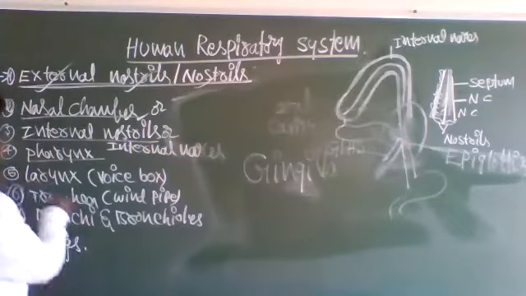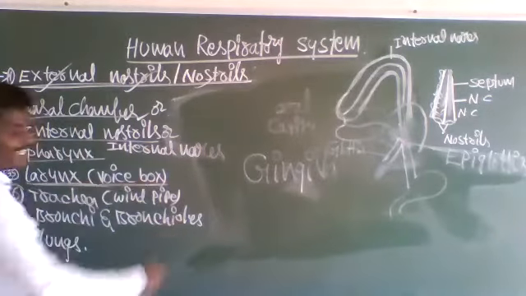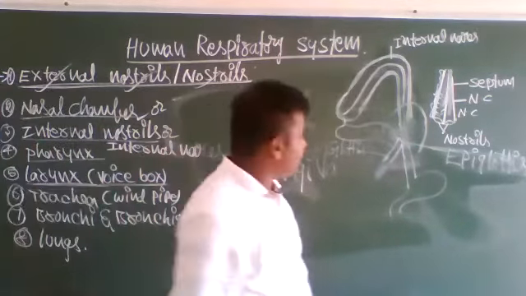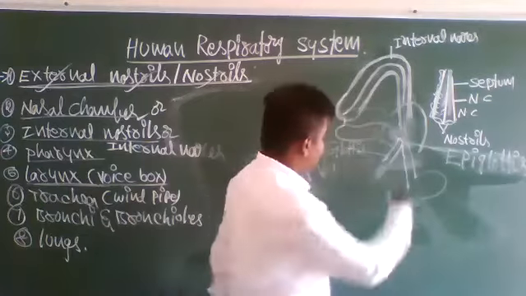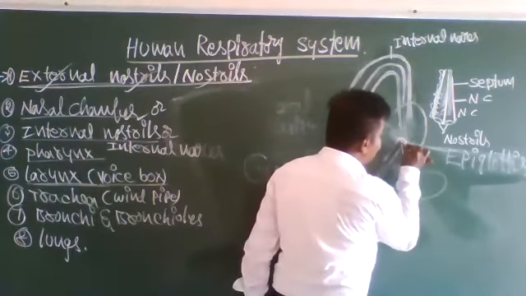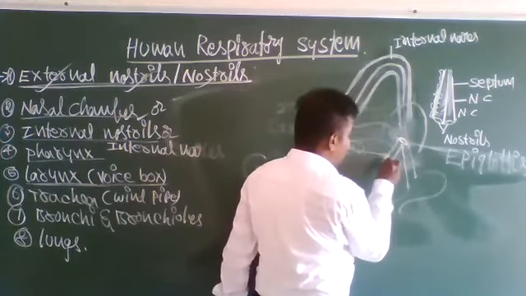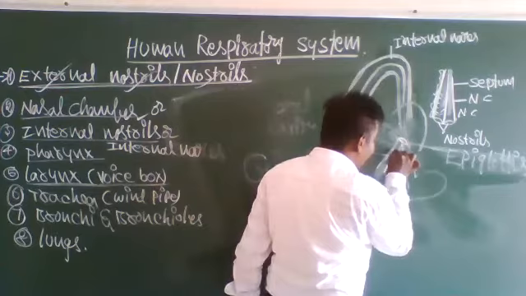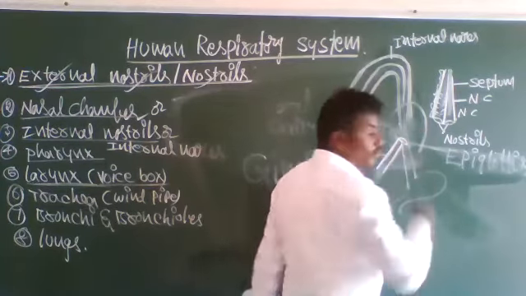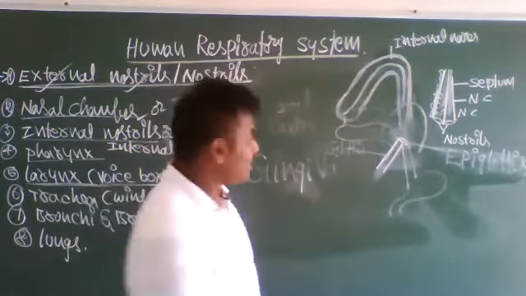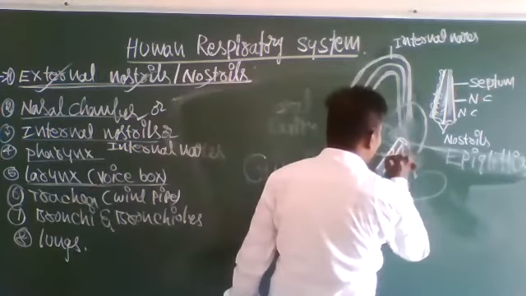Next one is the larynx, the voice box. See here, this is the epiglottis, and the glottis. In this region is the larynx, the voice box. The larynx is also called the voice box.